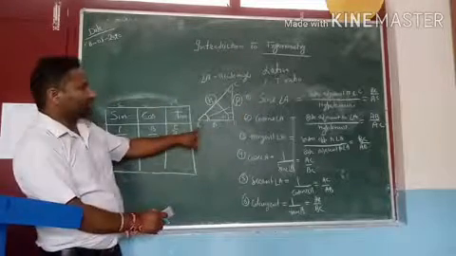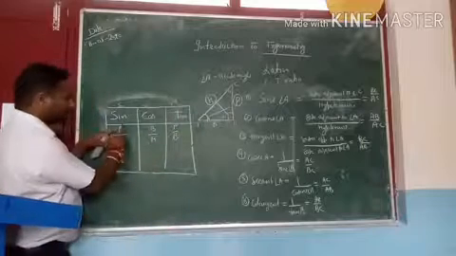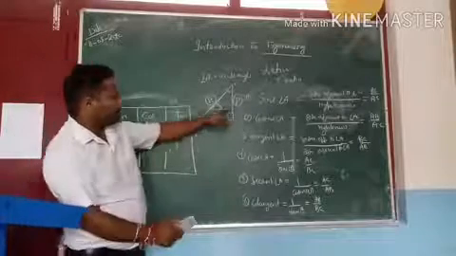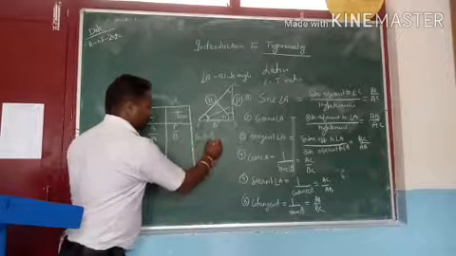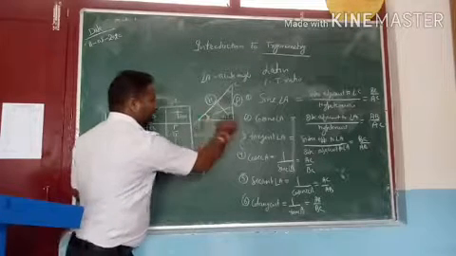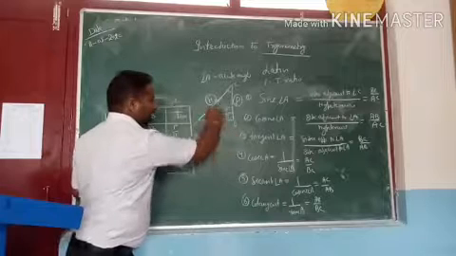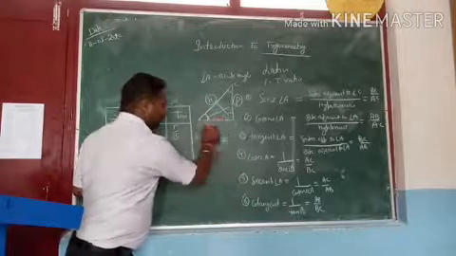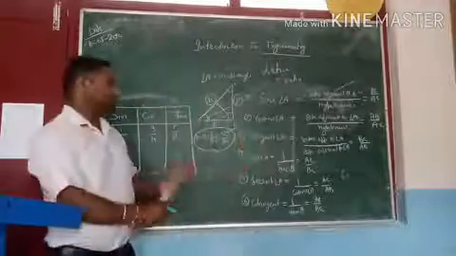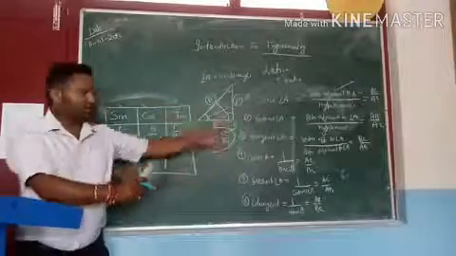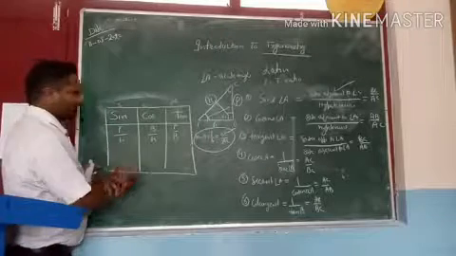So sine A is P upon H. P is BC and H is AC. Now you can see this formula and that formula are the same. So you can use this shortcut trick to learn all the values of the trigonometric ratios.